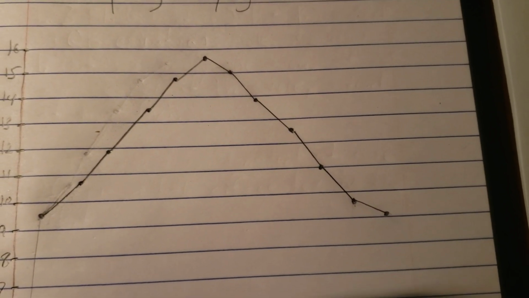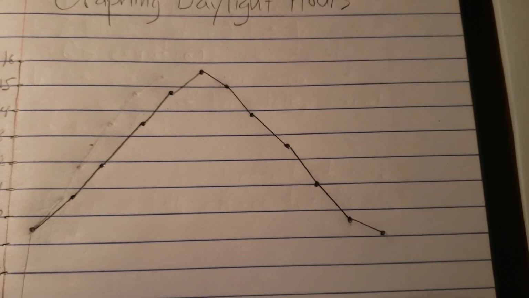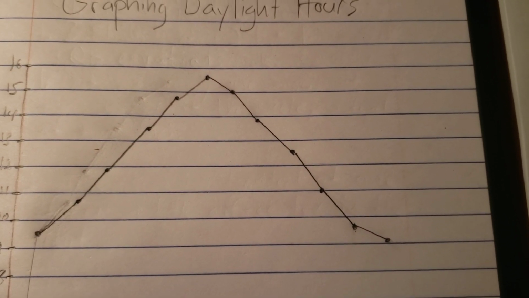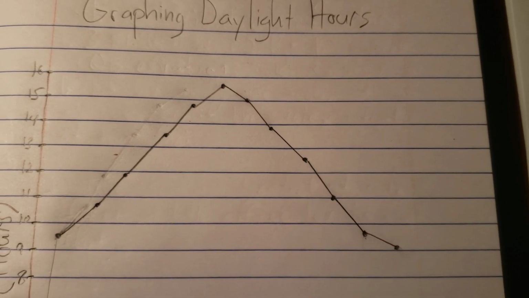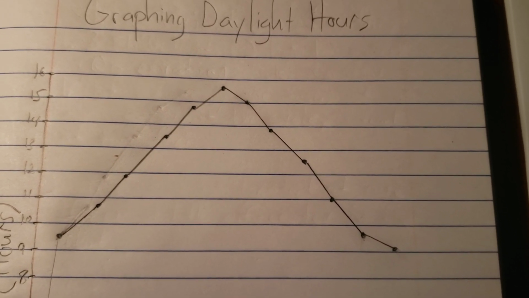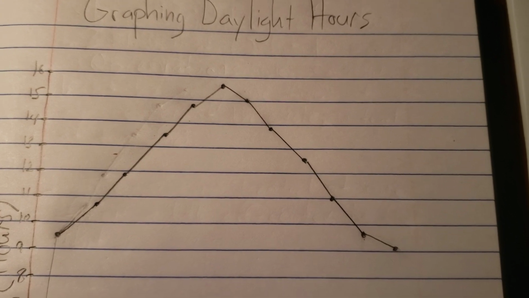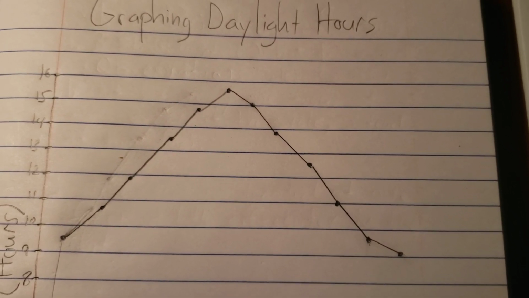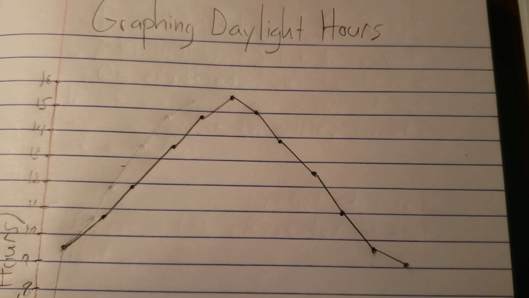So we know that the Earth is tilted on its axis. We also know that the Earth revolves around the sun in an elliptical pattern, which is an oval shape. Because of this, light only shines on part of our Earth at one point in time.